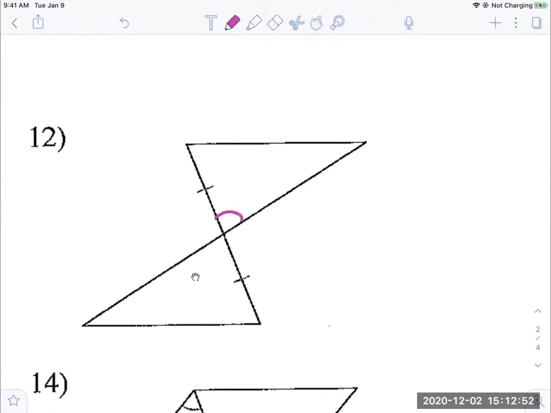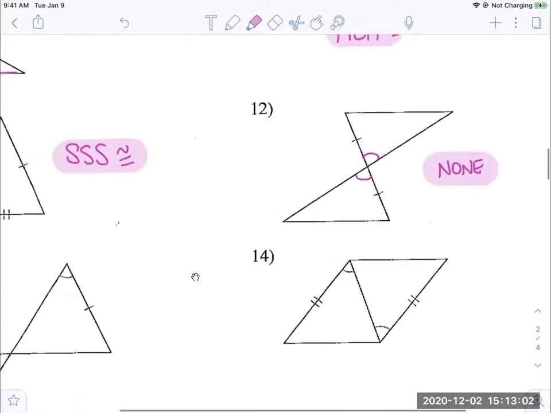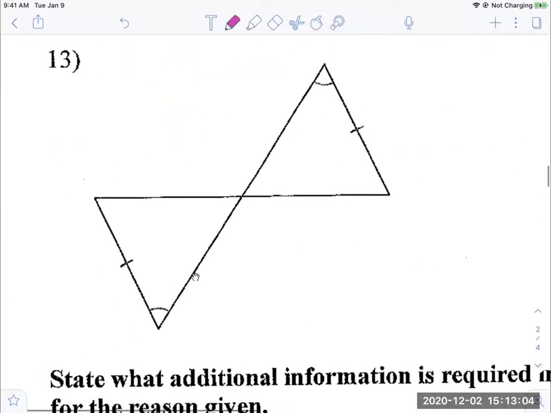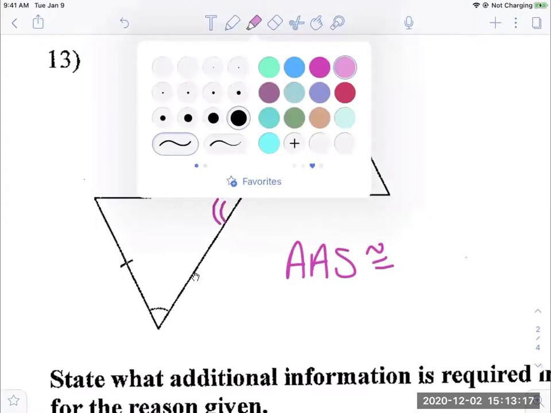All right, this one we've got vertical angles are congruent. That's all we have. One pair of sides, one pair of angles. Not enough. None. Okay. Vertical angles are congruent. So that means it'll be angle, angle, side. Again, remember that it's the order.